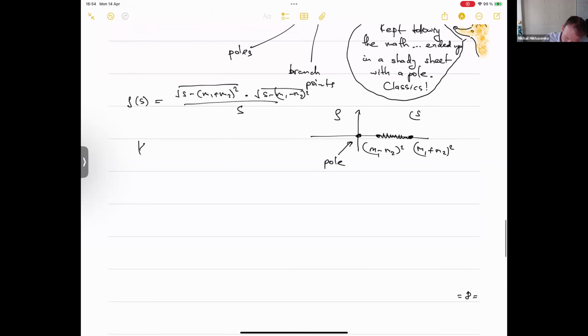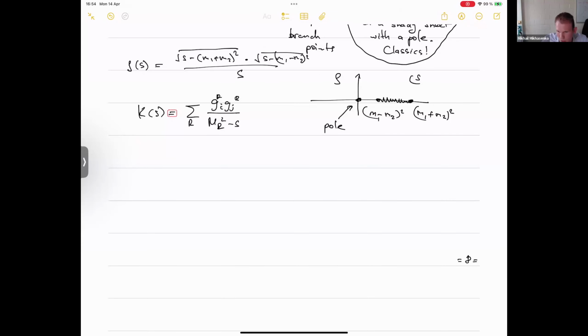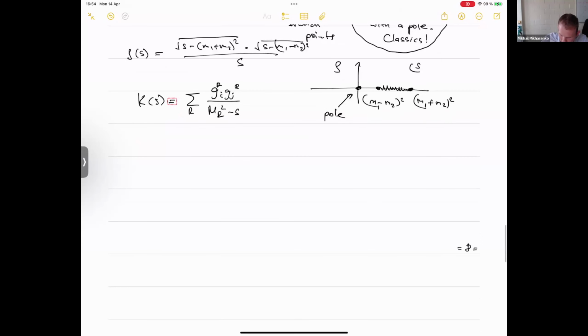What's for K? If we restrict ourselves to the pole contribution, the K has poles at real values.